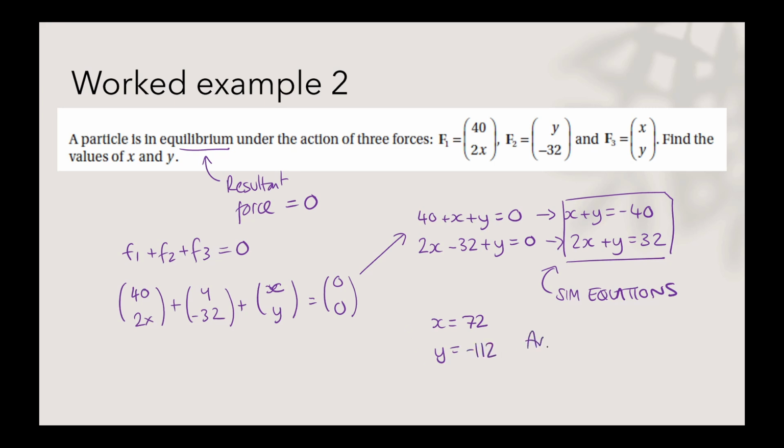So my final answer in vector form is going to be 72, minus 112, or you can write it as 72i minus 112j. I didn't do that for the previous question, but again, you can write your answer in either of those two forms.